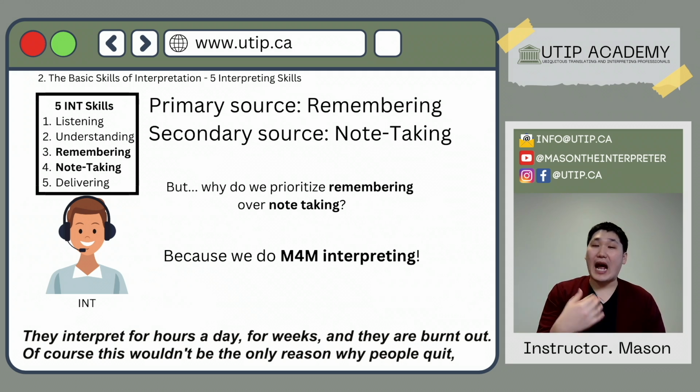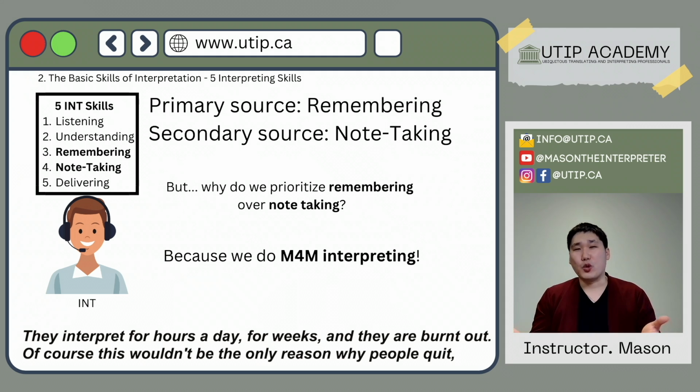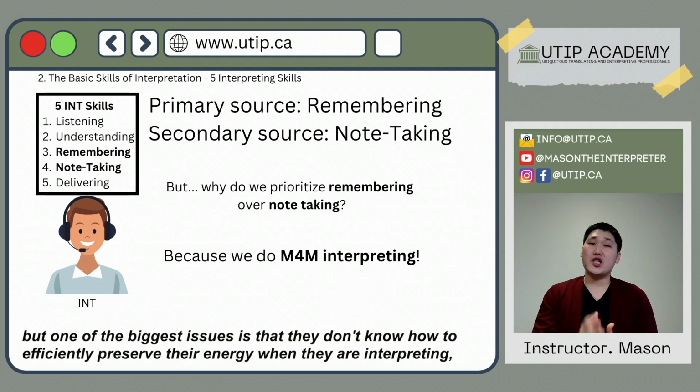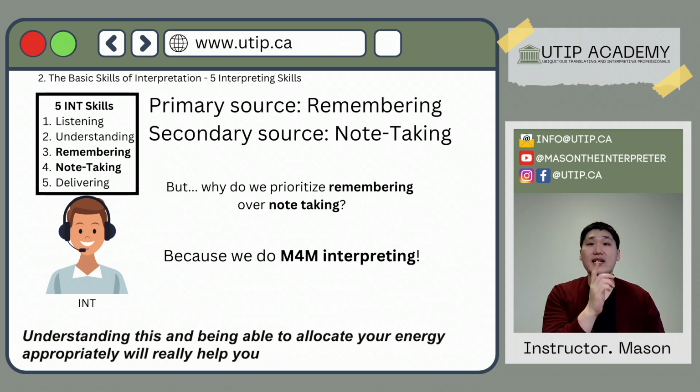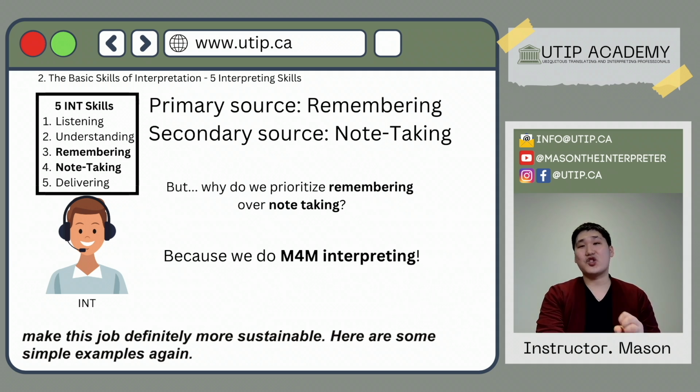They interpret for hours a day, for weeks, and they're burnt out. Of course, this wouldn't be the only reason why people quit, but one of the biggest issues is that they don't know how to efficiently preserve their energy when they are interpreting, and that is not sustainable. Understanding this, being able to allocate your energy appropriately will really help you make this job definitely more sustainable.